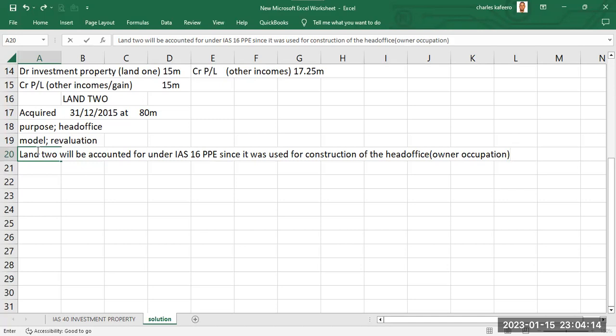Then you can also add that in the measurement, it will be measured at market value.